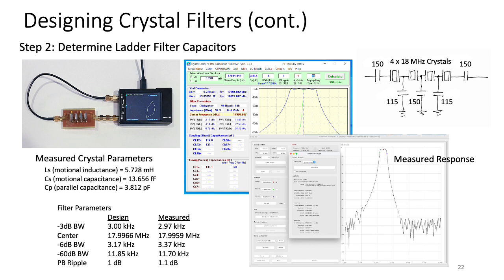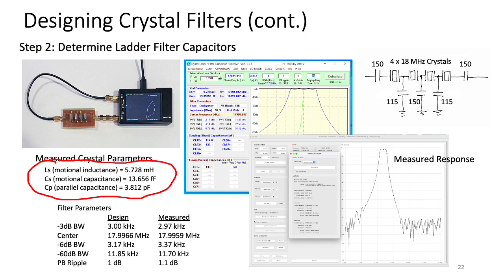Once I have those three parameters, in particular the motional inductance, the motional capacitance, and the parallel capacitance, and I got that by looking at the resonant effects of those crystals by sweeping the NanoVNA across the frequency range from about 17 to 19 megahertz.